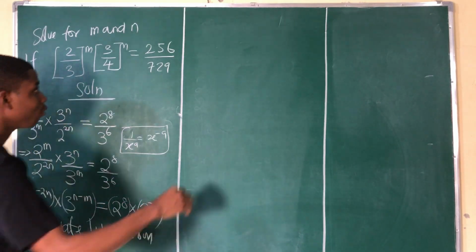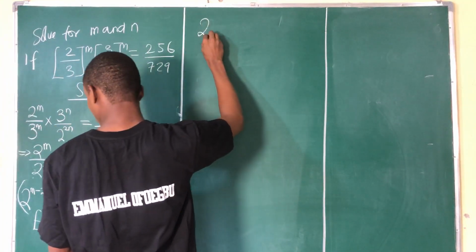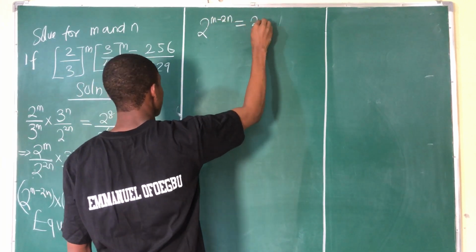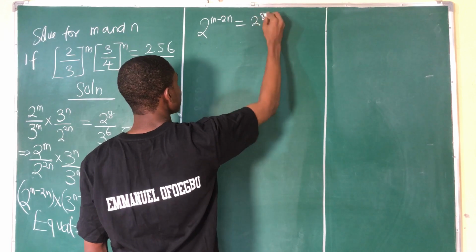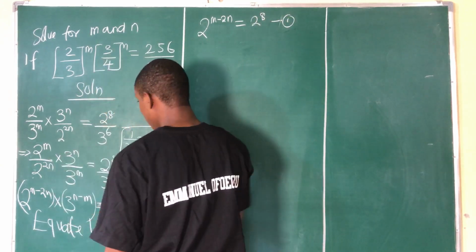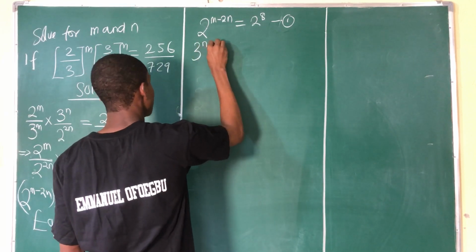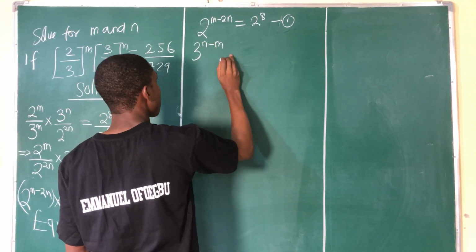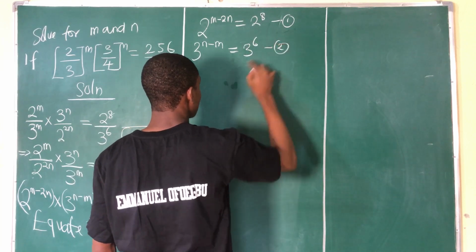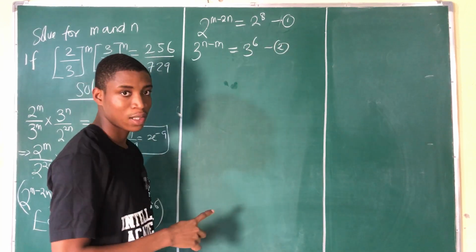So doing that, we have 2 raised to the power m minus 2n is equal to 2 raised to the power 8, and let's have this as equation 1. Then we have 3 raised to the power n minus m is equal to 3 raised to the power negative 6, which is equation 2. We have successfully grouped and equated our like terms.